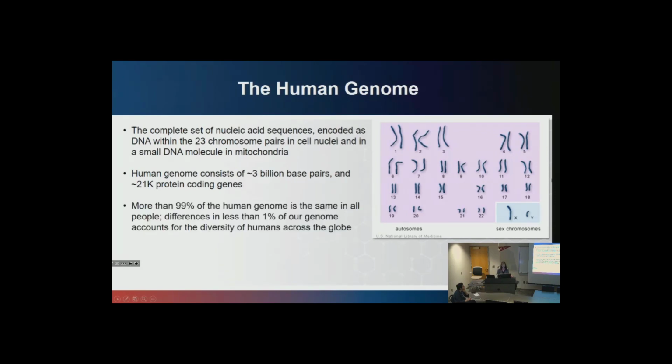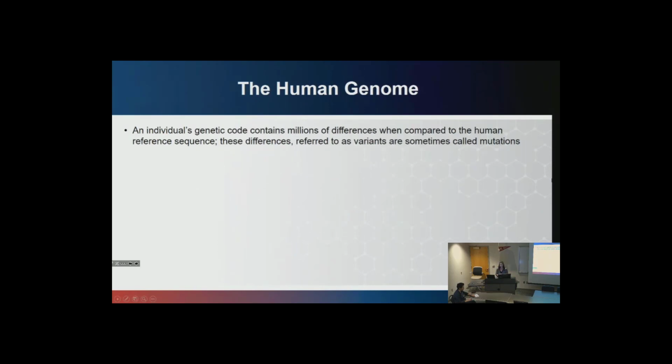More than 99% of the human genome is the same in all people, and differences in less than 1% of our genome account for the diversity of humans across the globe. An individual's genetic code contains millions of differences when compared to the reference human genome sequence, and these differences, referred to as variants, are sometimes also called mutations.